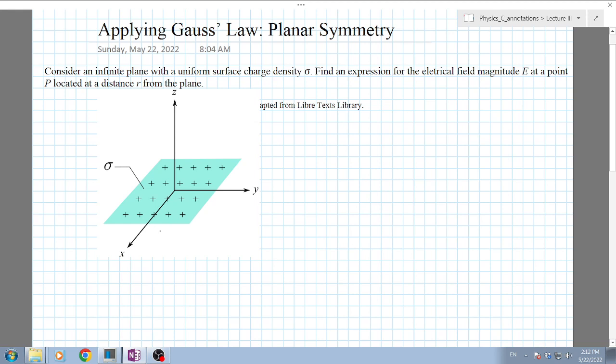The first step here is to identify the symmetry, and since this is a plane, it's convenient to put the xy axis on the plane, and place the z axis perpendicular to this plane. So that means that I'm going to have symmetry in the z direction.